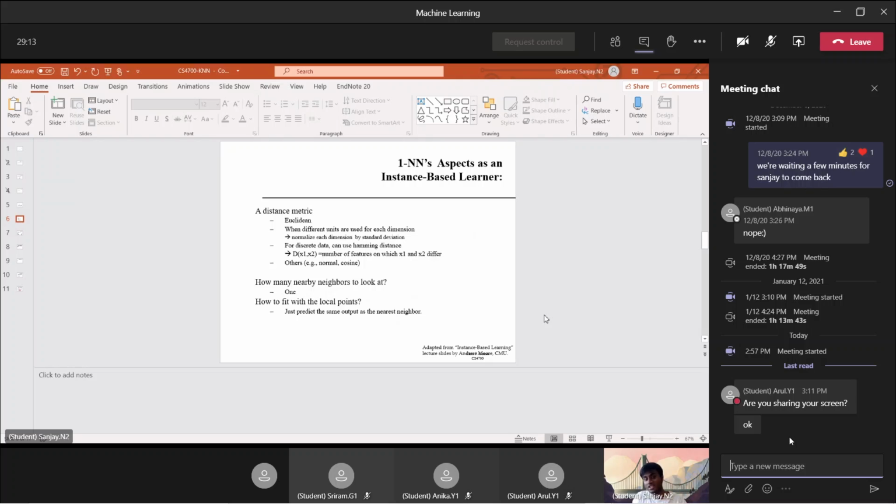So with the one nearest neighbor algorithm, we're only looking for one neighbor, and if we're trying to figure out how to fit it with the local points, we're just going to predict the same output as the nearest neighbor.